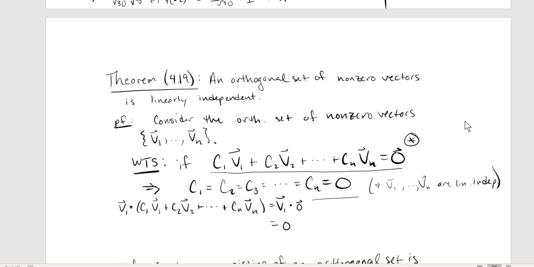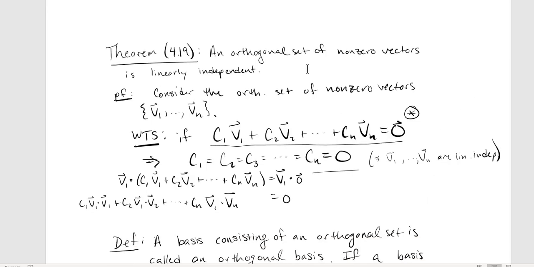But notice on the left side, we have C1 times V1 dot V1, plus, we distribute this dot product, C2 times V1 dot V2, all the way out to the nth term here. But notice our set was orthogonal, meaning if I dot any of these vectors in this set with any other one, I get 0. So V1 dot V2, that's 0 here. The next one, all the way through V1 dot Vn, that's a 0.